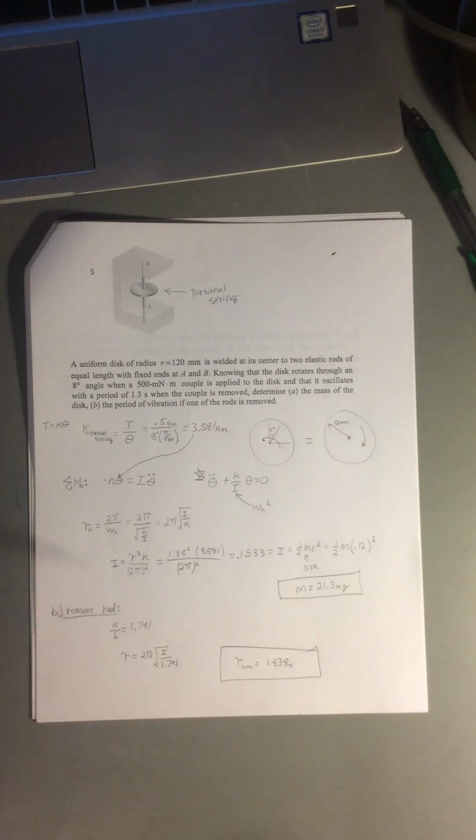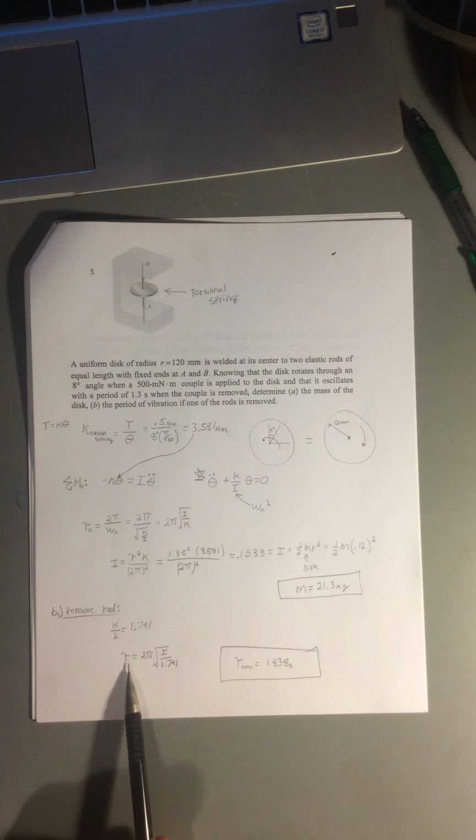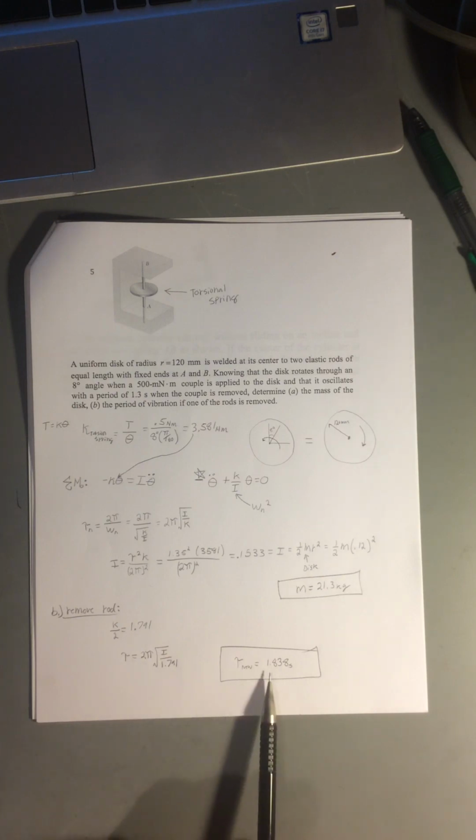Then to find our period, all we have to do is plug that into the equation that we found here up above, because we know our I value that we calculated, and now we know our new K value. Plugging that in here, solving for our new period, we find that our new period is 1.838 seconds. And so that is part B for problem number 5.